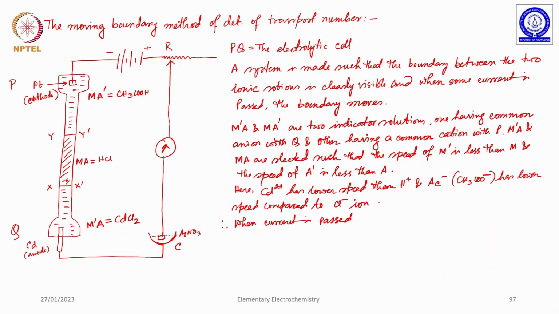When some current is passed, H+ ions move towards the platinum electrode at a speed much faster than Cd2+.